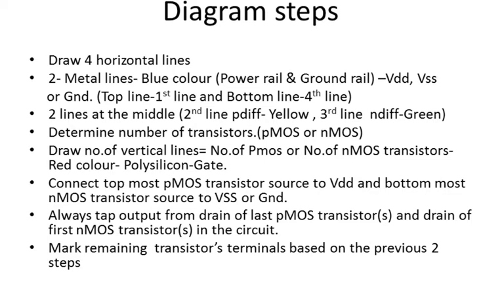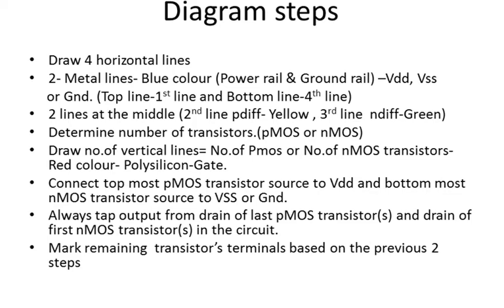The top line and bottom line are the metal lines drawn in blue color. The top line is for VDD and the bottom line is for VSS or ground. Of the middle two lines, P diffusion is drawn in yellow color and N diffusion in green color.